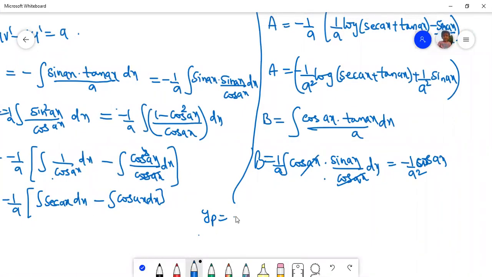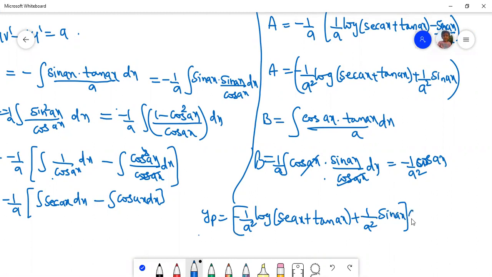Now the yp is a, that is minus 1 by a square log of secant ax plus tan ax, plus 1 by a square sin ax, whole into cos ax. b is minus 1 by a square cos ax sin ax. It is yp.